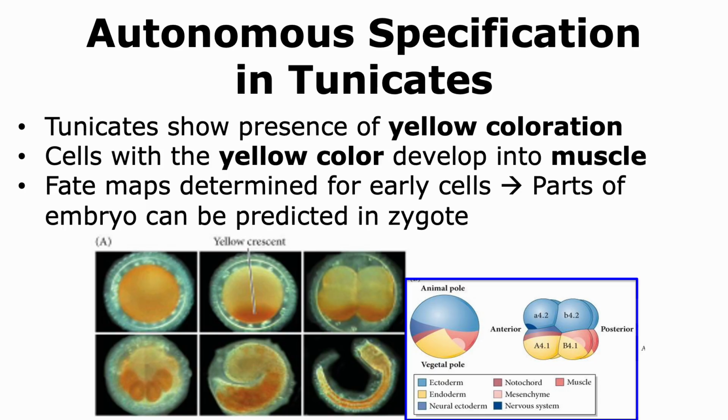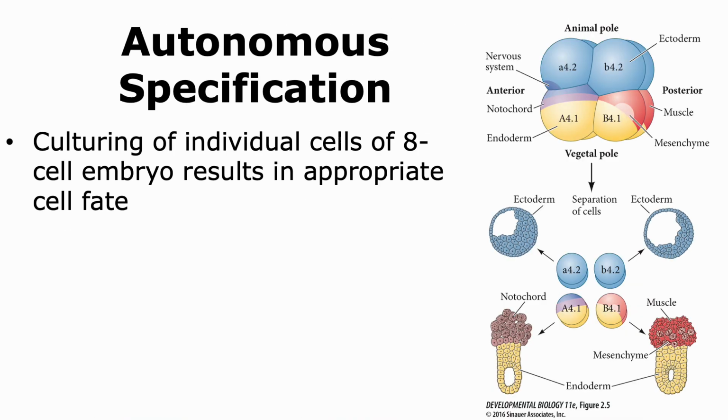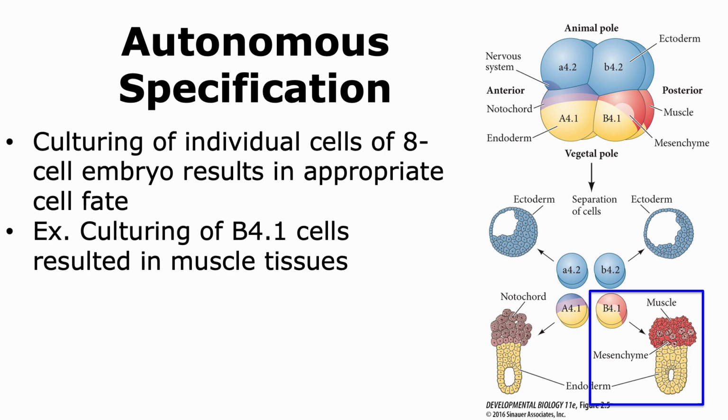autonomous specification. As part of his experiment, Conklin cultured the individual cells from the 8-cell embryo and determined the fate of each of the cells in this 8-cell embryo. For example, when he cultured the B4.1 cells, he found that those cells resulted in the formation of muscle tissues.